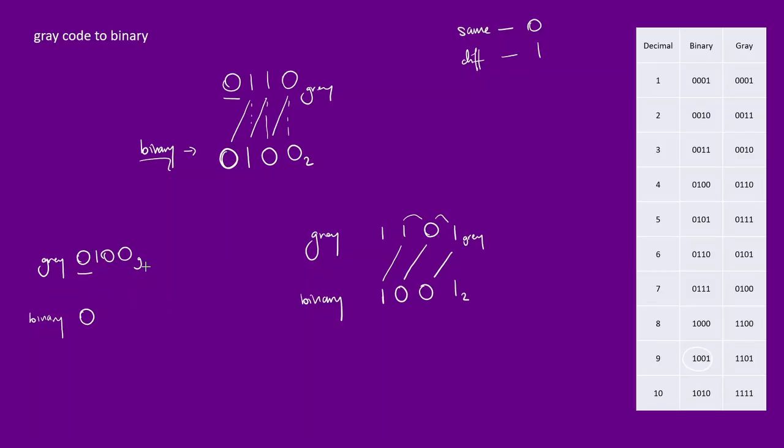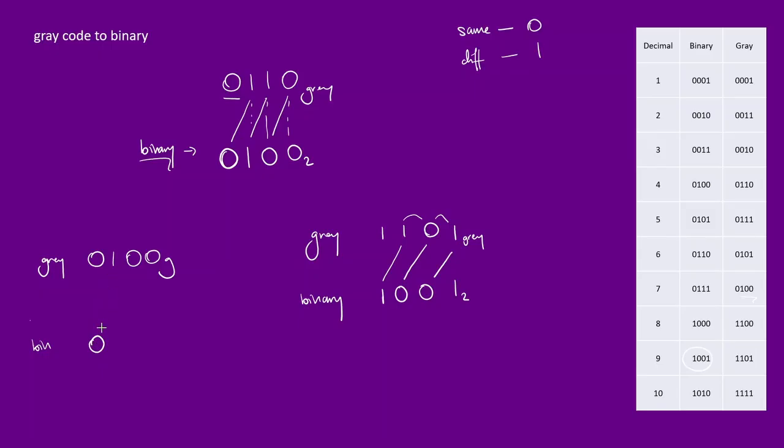Let's do that again just to be sure. So 0, 1, 0, 0 in gray code. Okay, so that's 4 in decimal, so we can sort of check for ourselves. Trying to find the binary equivalent of that. Maintain the MSB, so that comes down and gives us 0.